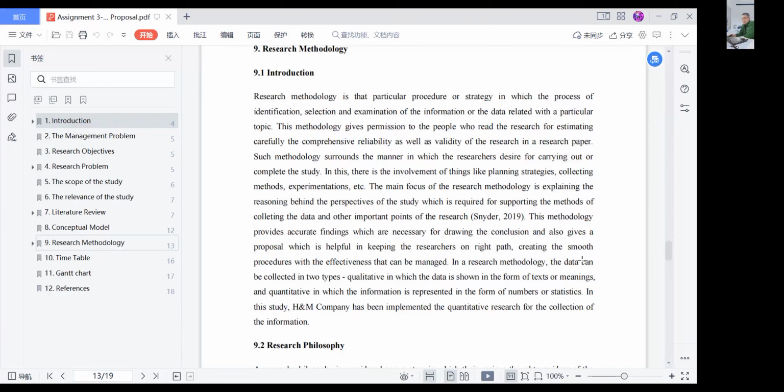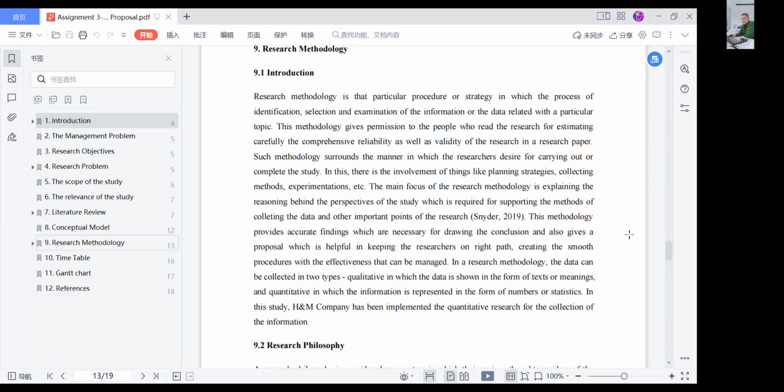This methodology allows people who read the research to carefully estimate the comprehensiveness, reliability, and validity of the research paper, such as the methodologies by which the researchers designed and completed the study.